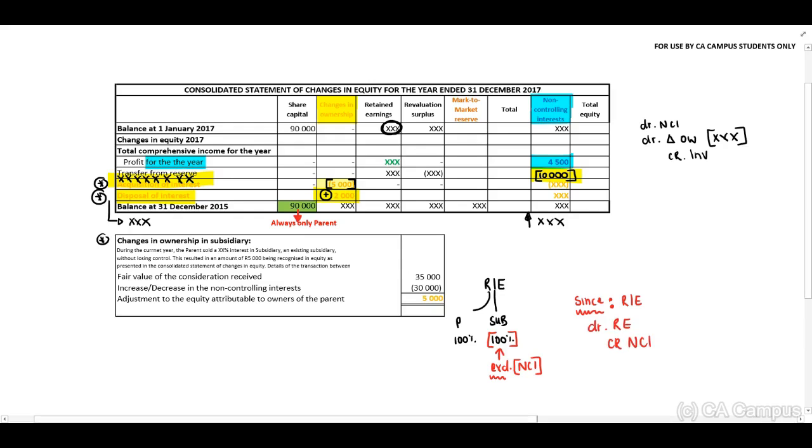Therefore our NCI increases, and we now need to take out the NCI portion in our retained earnings. Therefore, the resulting amount will be the actual percentage then earned by our parent.